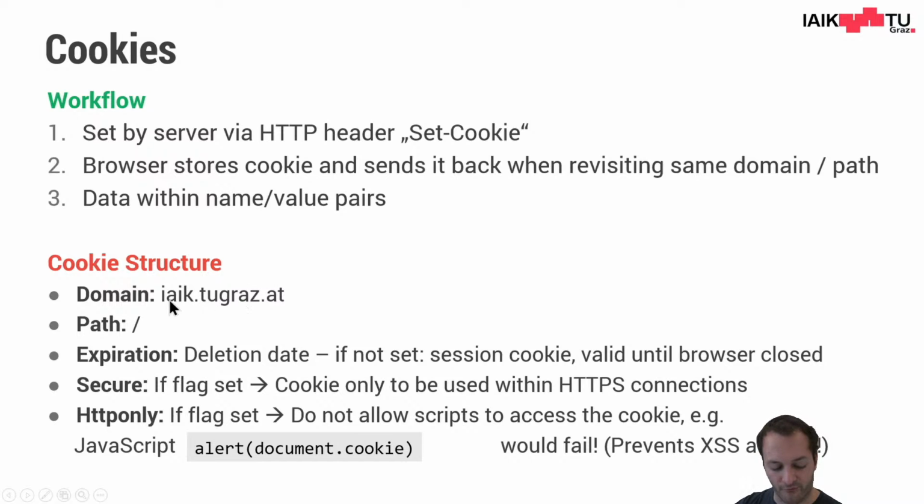Then you would limit the domain to some specific subdomain, and eventually even specify the path. There might be different applications you run on different paths, so you could even constrain the path where the cookie is sent. This is what helps the browser to decide when actually to send the cookie to a server and when not.